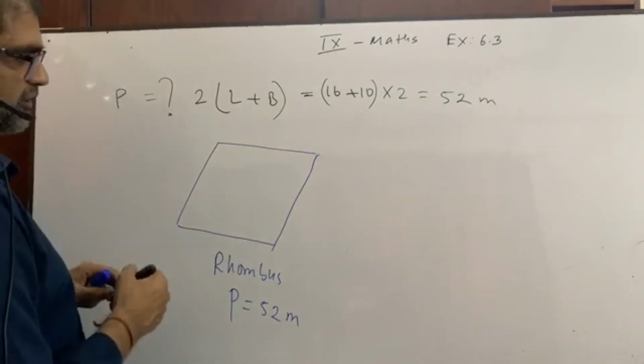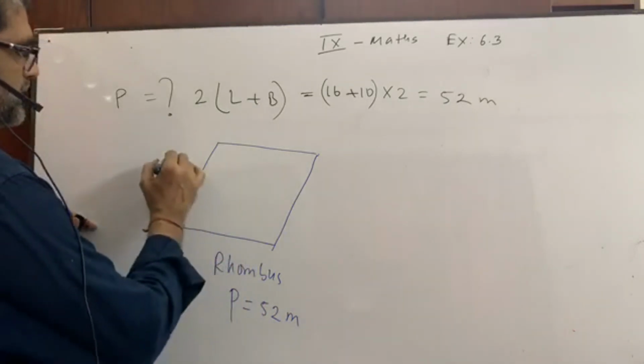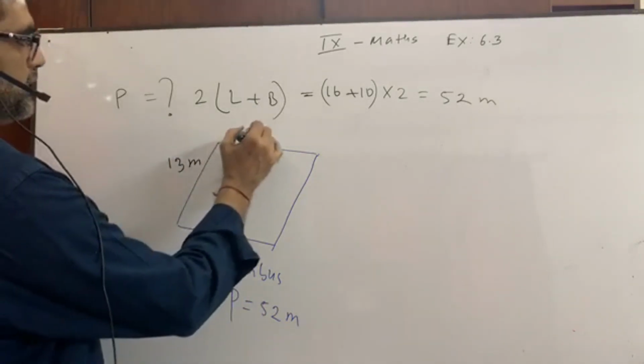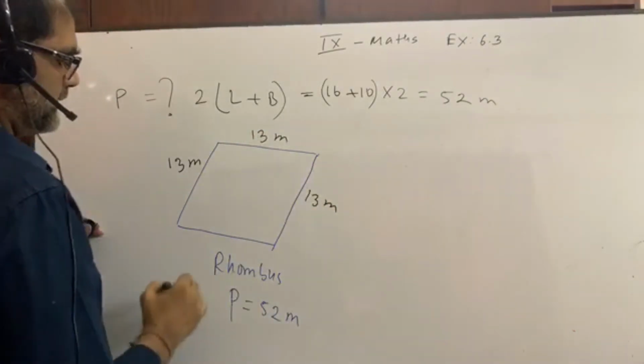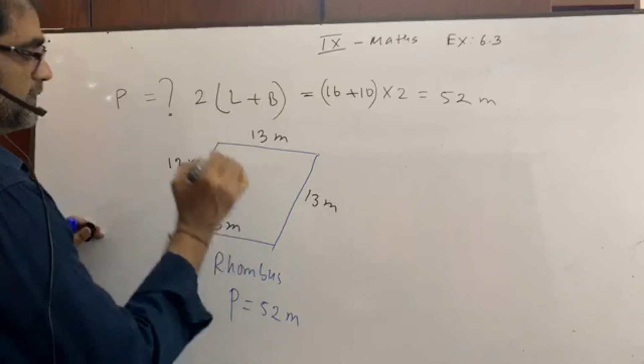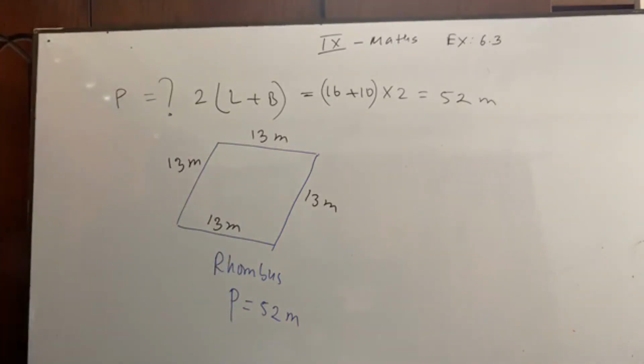All four sides are equal, then each side will be 13 meter.